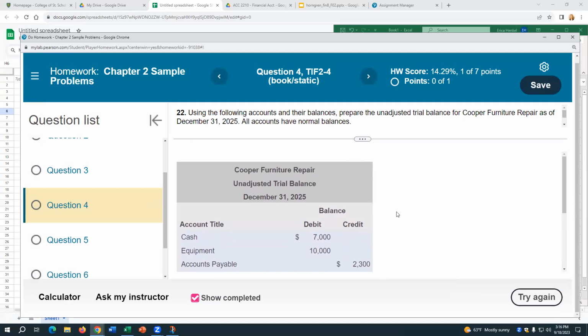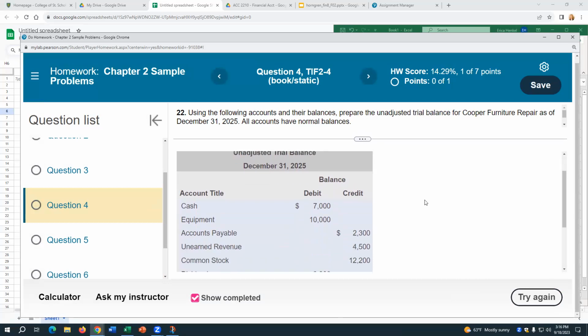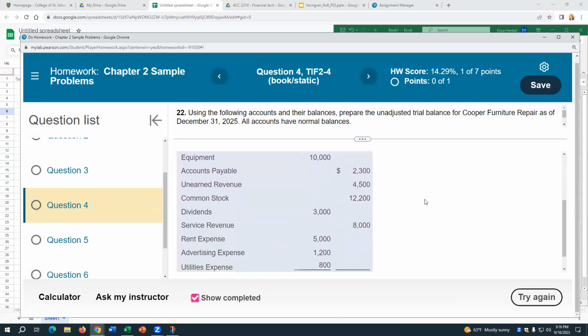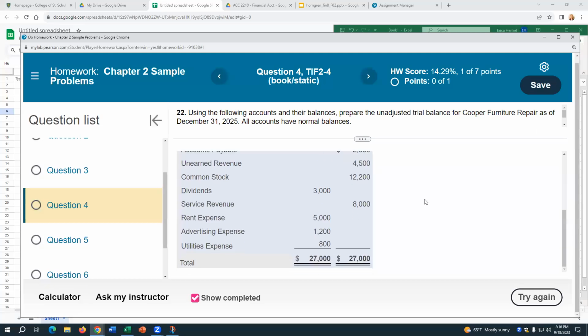Hopefully everybody got the same concept that we just did at the end of problem number 7. They gave you some T accounts and you just had to grab the ending balances and pull them down, right? So I'll just show this in case anyone has any questions on that or got stuck. But that's what everybody should have come up with.